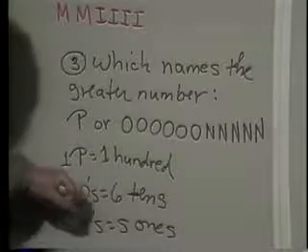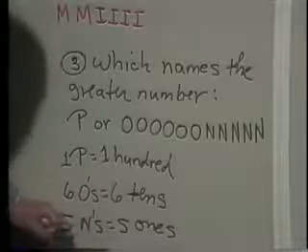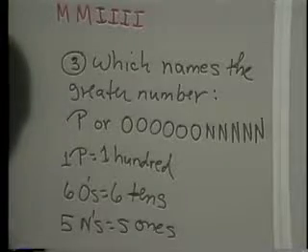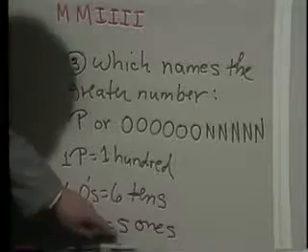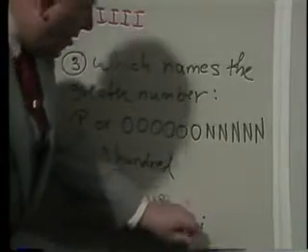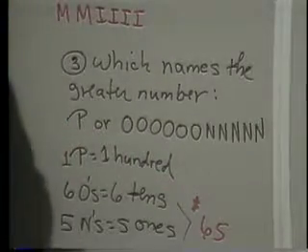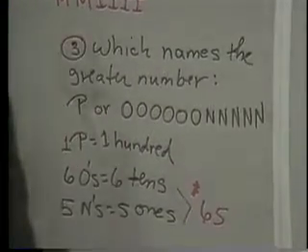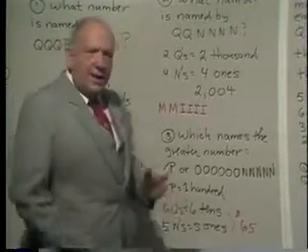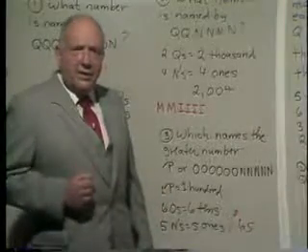The 6 O's, on the other hand, the O stands for 10, that's 6 tens, and N stands for 1, so 5 N's stand for 5 ones. It's sort of like in terms of money. If you have 6 $10 bills and 5 $1 bills, you have 11 bills worth $65. But if you have just a single bill and it's $100, you have more purchasing power than all these other bills put together. See, again, the adjective and the noun, the quality versus the quantity.